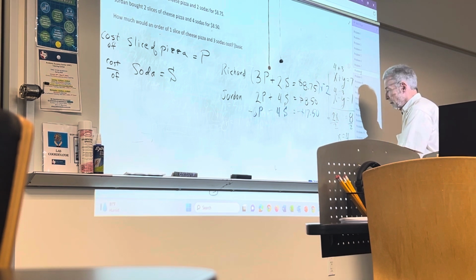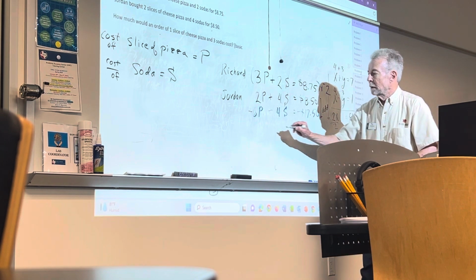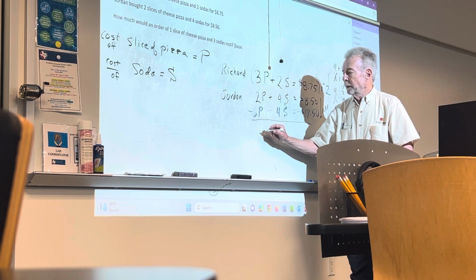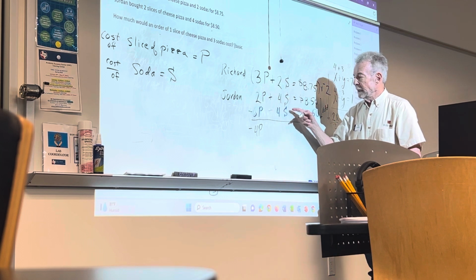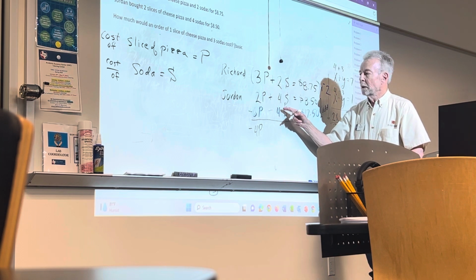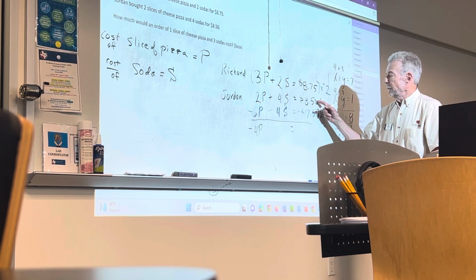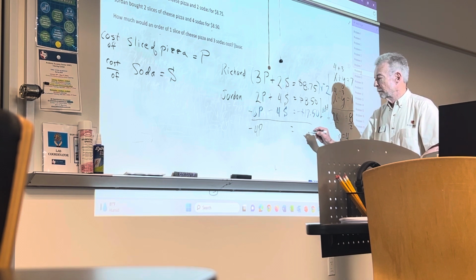So let's add these 2. 2p, take away 6p is a negative 4p. Same variable, same coefficient, but this is a plus and minus, those go to 0 when I add them. 8.50 take away 17.50 would be negative $9.